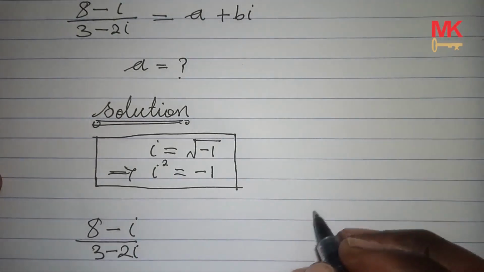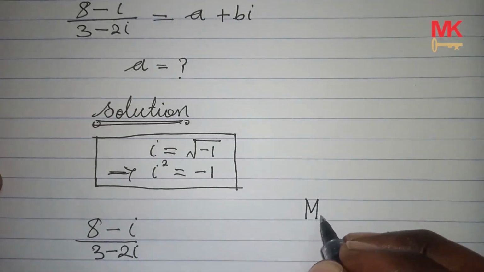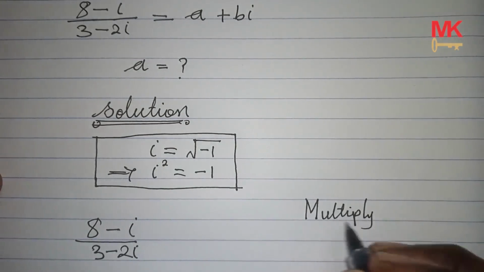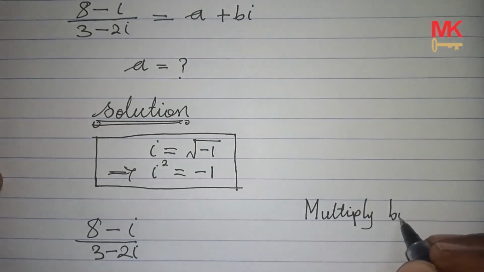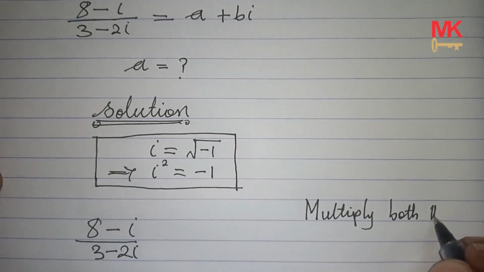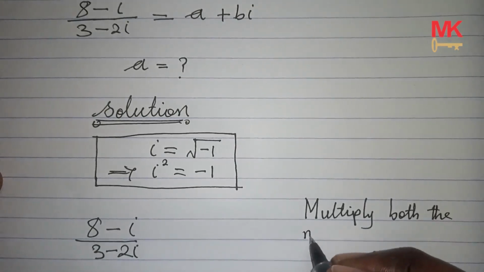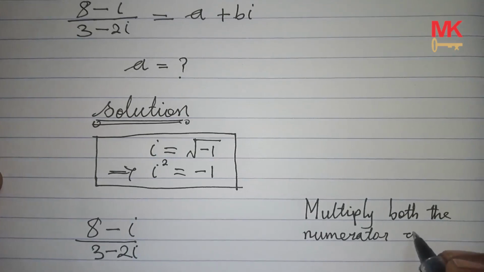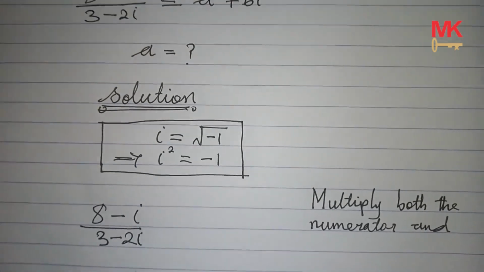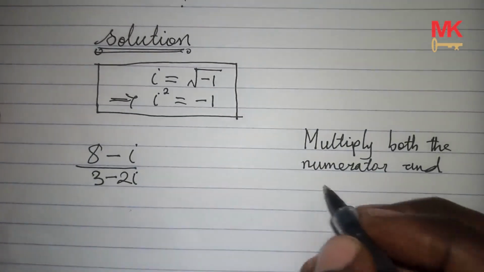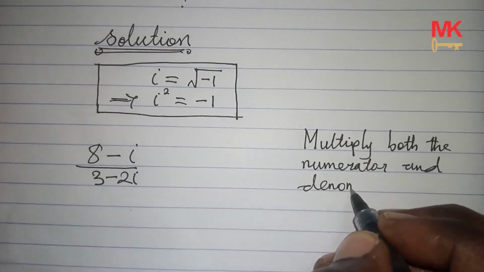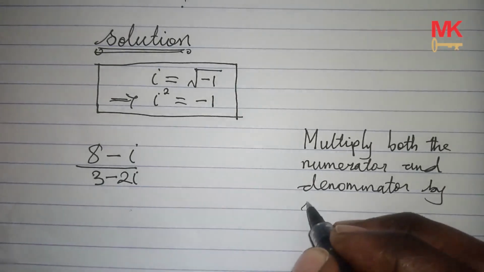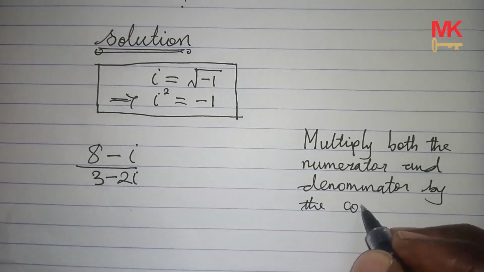We need to multiply both the numerator and denominator by the conjugate.